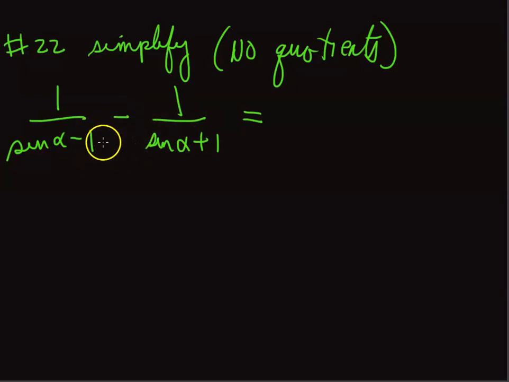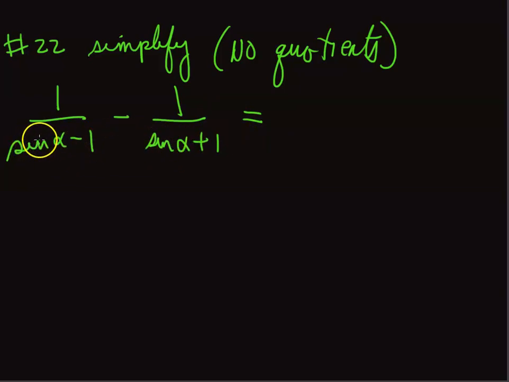So you're going to have really down to maybe one trig function, but maybe not. Your answer may be a combination of trig functions also. So, in order to combine fractions, we need a common denominator.